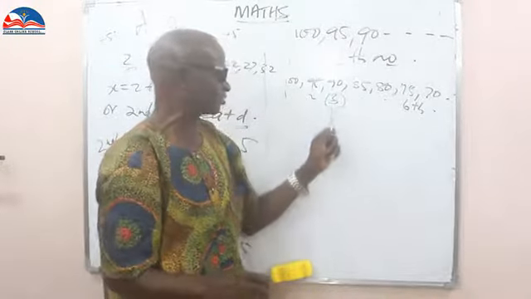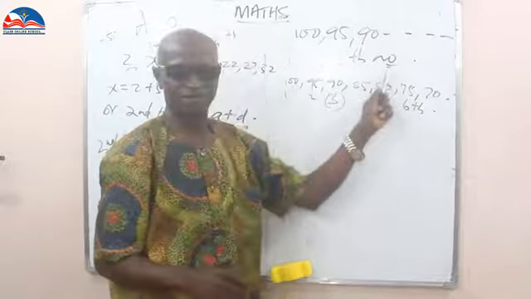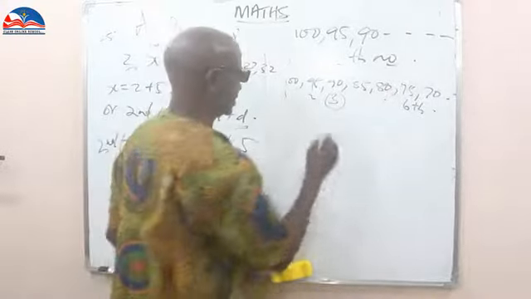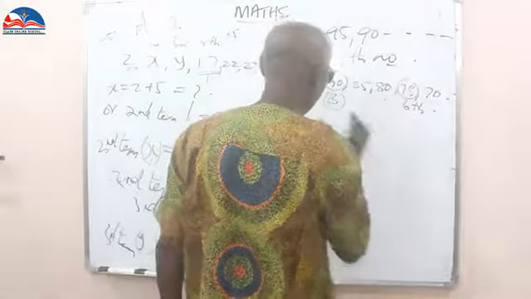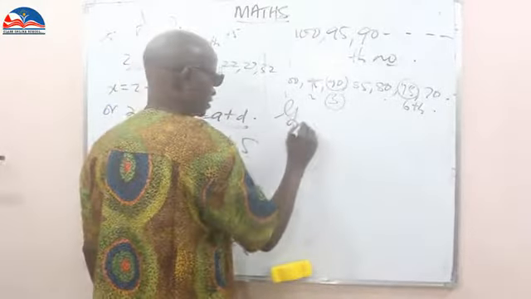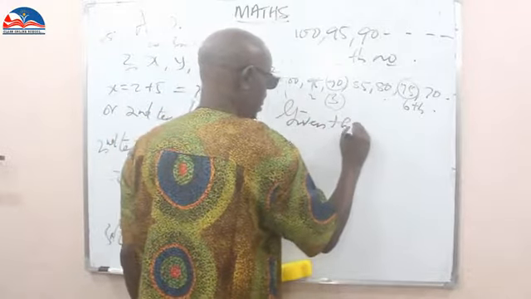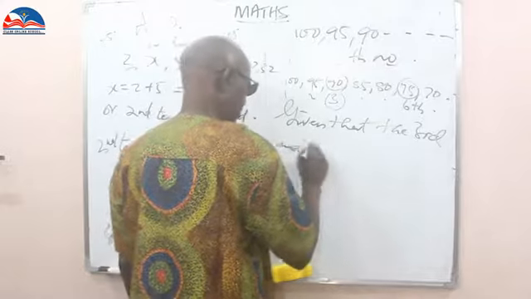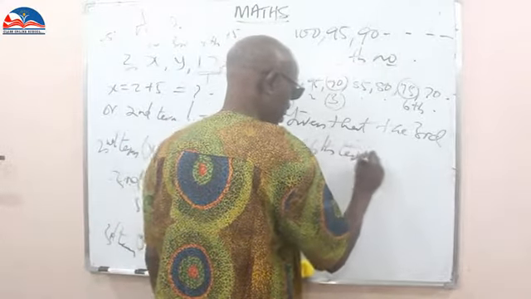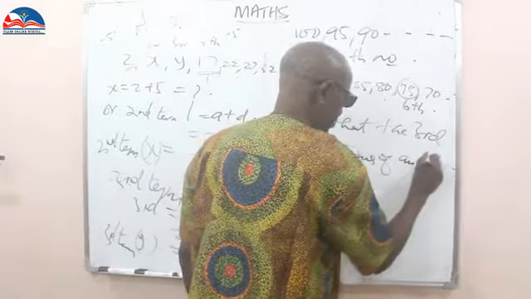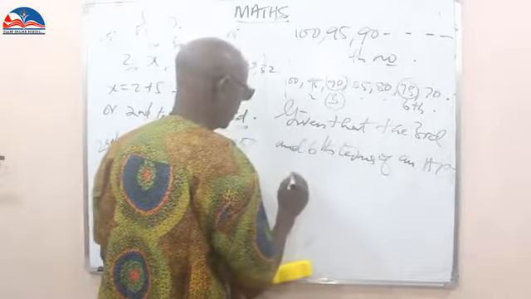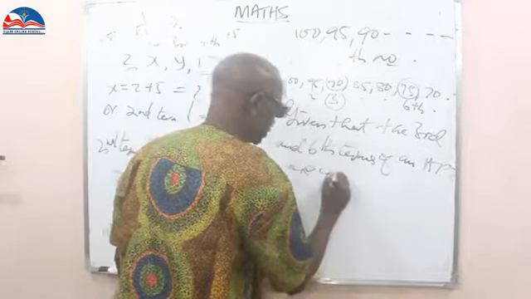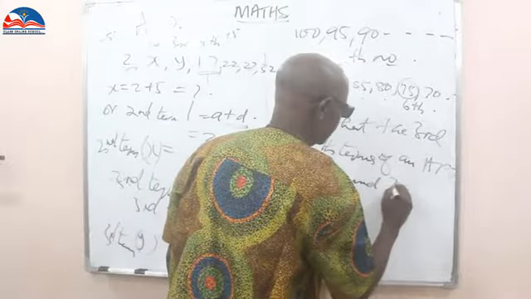So given my third and sixth terms of an AP, find the first term and common difference. I don't know how to frame the question now. Given that the third and sixth terms of an AP are 90 and 75 respectively.